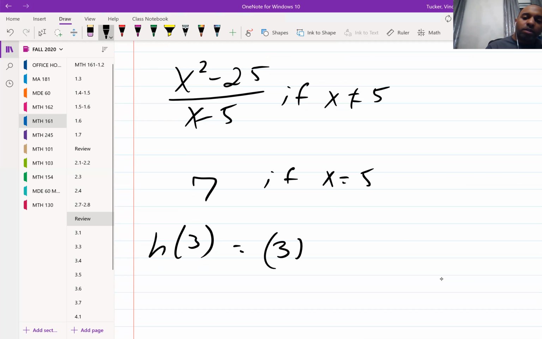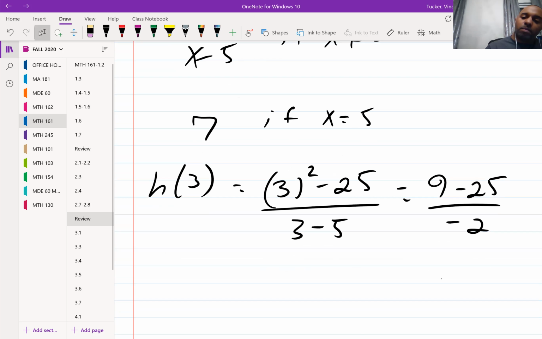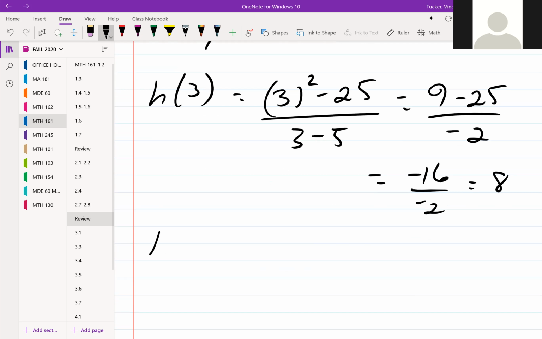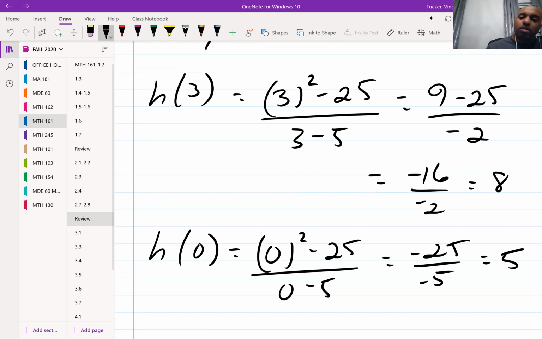Really, you can just plug it in. Okay. That should be 8. All right, next one is 0. You can do the same. And that should be 5.